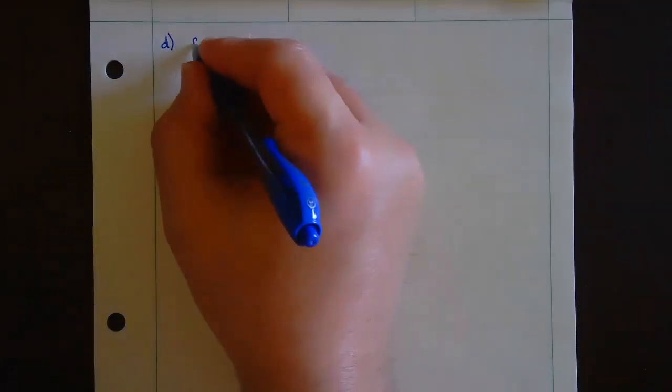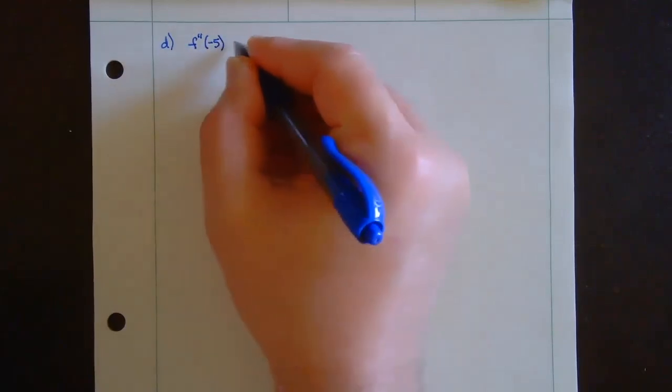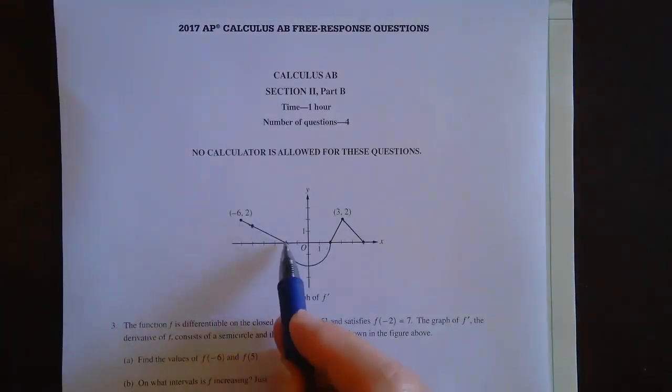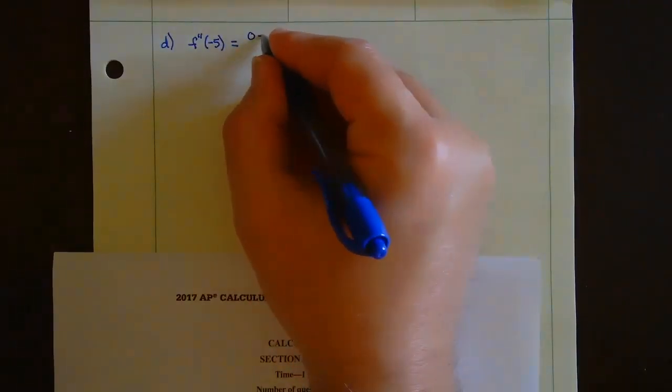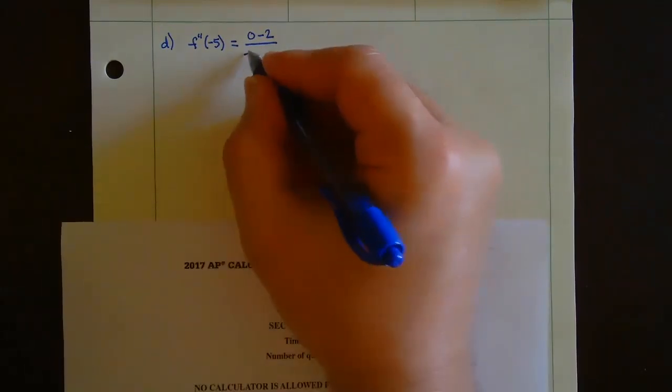So for part D, I know f double prime at -5 is going to wind up being the slope for these 2 points right here, this point and this point. So it's going to be 0 minus 2 over, since I started with this one, I'm going to start with -2, -2 minus -6.